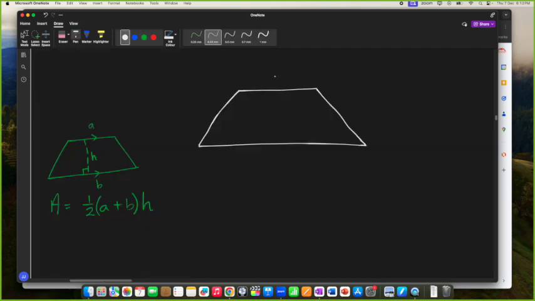Right? Imagine this is A and this is B, and you have this being H. So imagine if I was to cut it here, and then I cut it here.